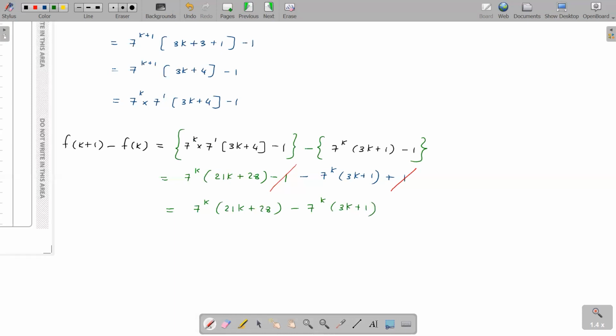Is this clear? Okay, so now we can simplify. Take 7 to the power k out, 7 to the power k is common. 21k plus 28 minus, you do realize what I'm doing here, right? I'm taking the 7 to the power k out from both of them, and you are remaining here with 3k plus 1.